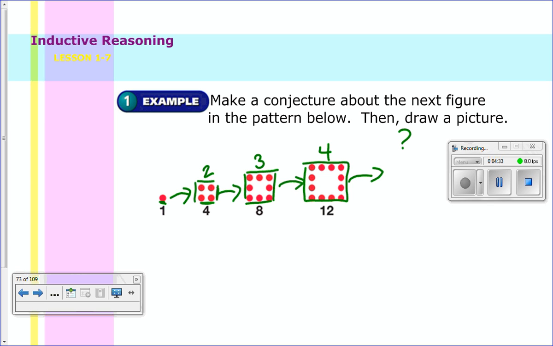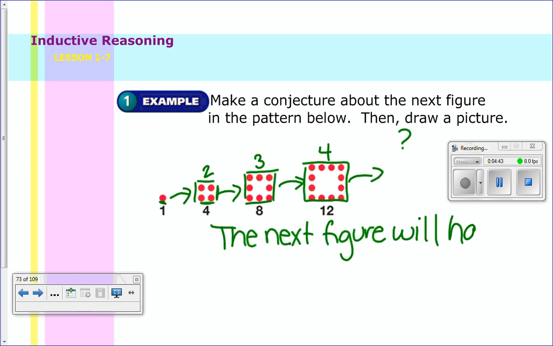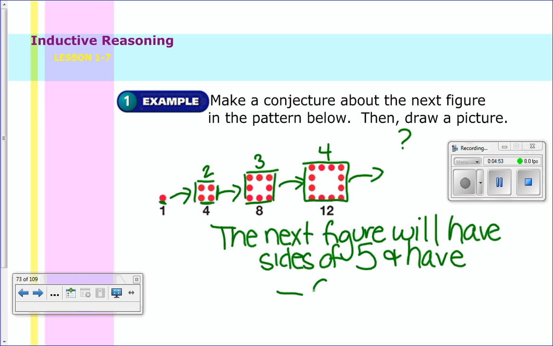So I'm going to assume the next figure will have sides of 5 and have, well, I'll draw the picture to find out how many dots. So right now I'm writing blank dots.